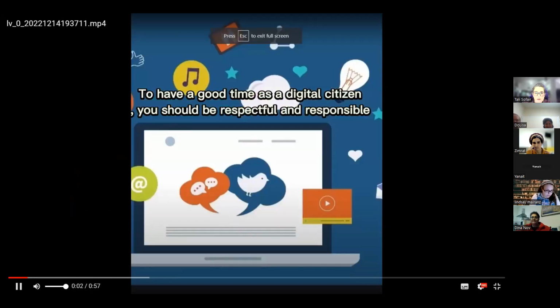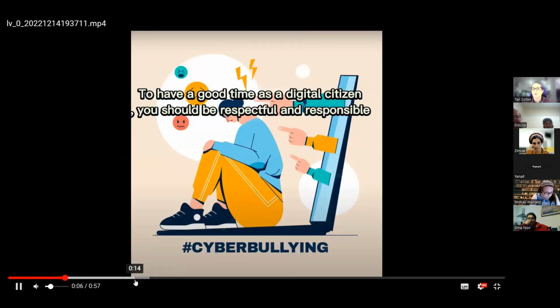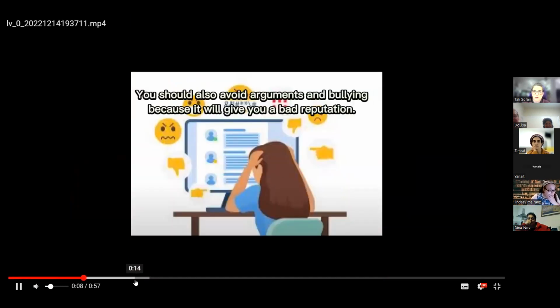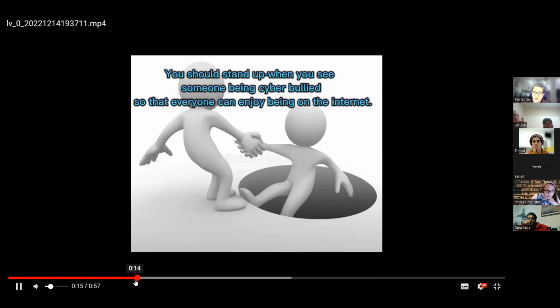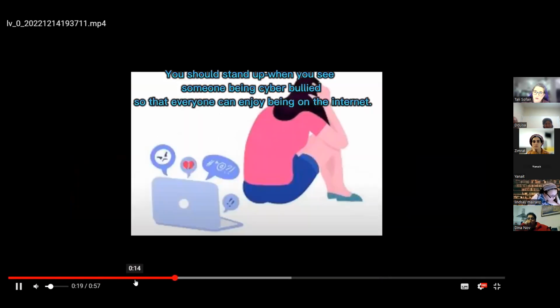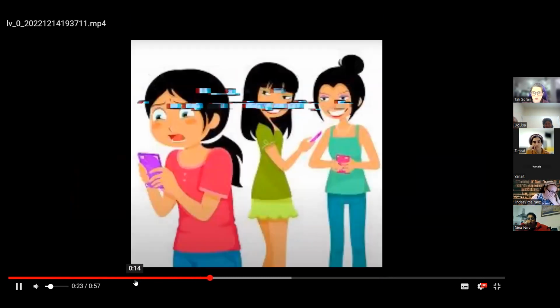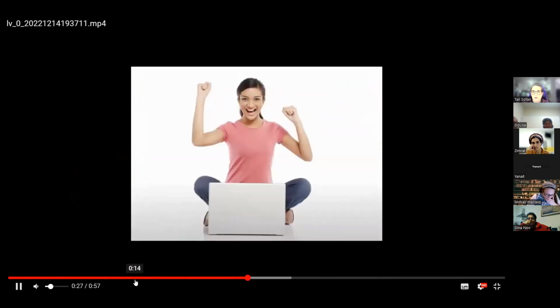To have a good time as a digital citizen, you should be respectful and responsible. You should also avoid arguments and bullying, because it will give you a bad reputation. You should stand up when you see someone being cyberbullied, so that everyone can enjoy being on the internet. Here are some tips that will help you maintain your privacy online.